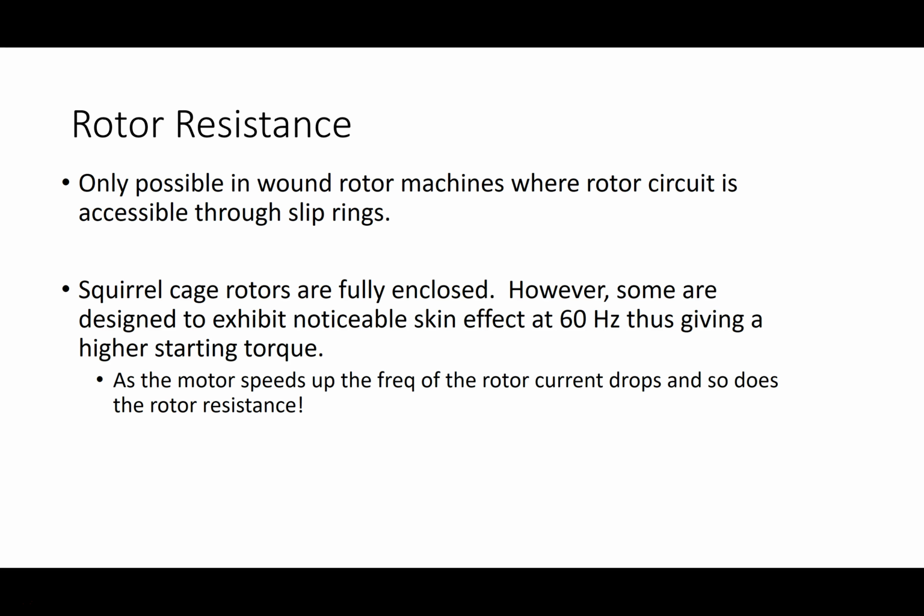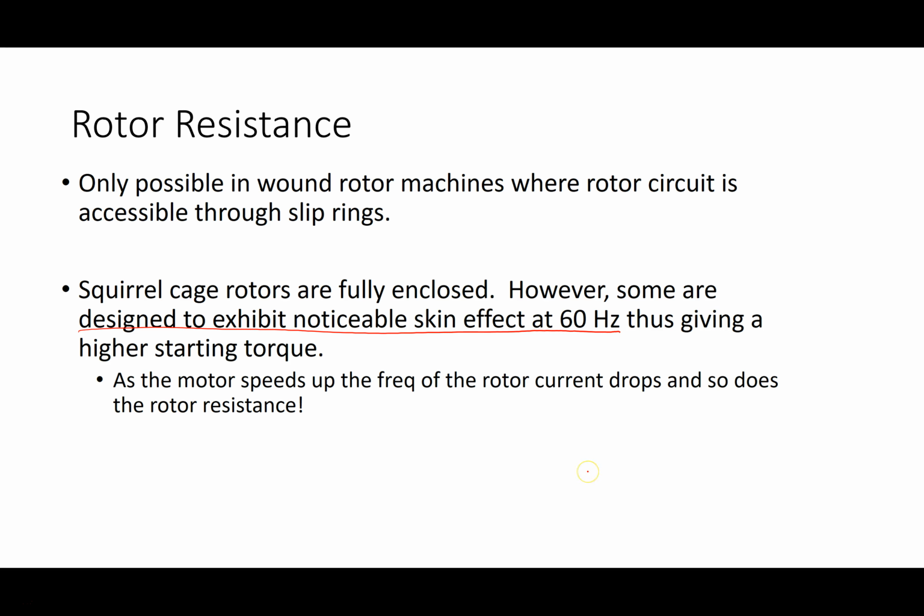What you do is use a metal for the bars in the squirrel cage that is designed to exhibit a noticeable skin effect at 60 Hertz. Now remember, when you're starting and you have zero speed, the rotor is not moving. At the beginning, the relative difference between the rotor and stator will be the stator frequency.